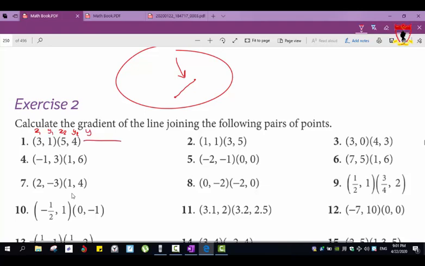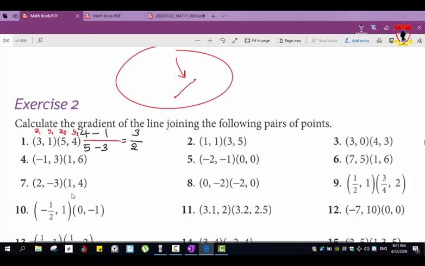Let's straight away substitute. y2 minus y1. y2 is 4 minus 1 over 5 minus 3. 4 minus 1 is 3. 5 minus 3 is 2. So the gradient of the first couple of points is 3 over 2.